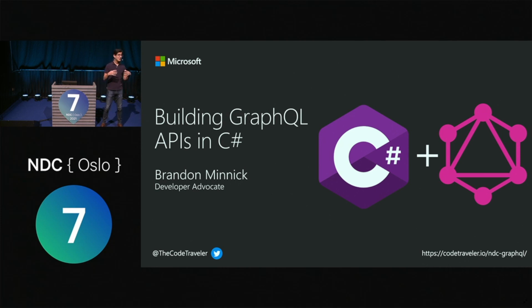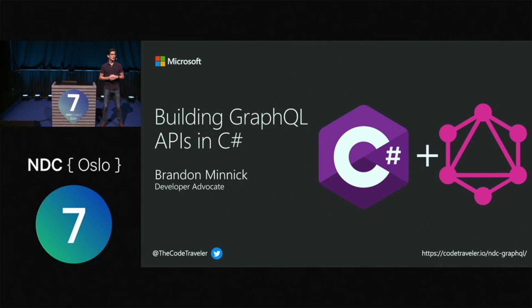And what's interesting is it's already being used by millions of developers around the world. Big companies like Netflix, Uber, Airbnb, GitHub are all already using GraphQL, but they're doing it all in JavaScript. GraphQL still hasn't really taken a foothold in the C# world yet.